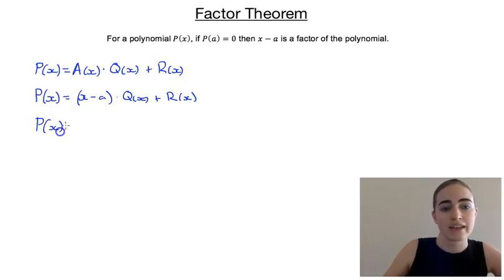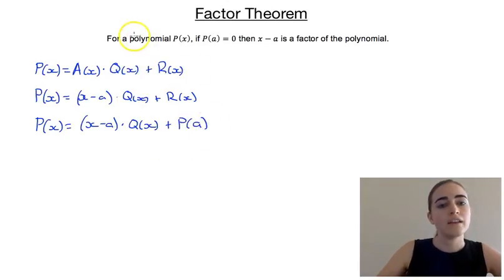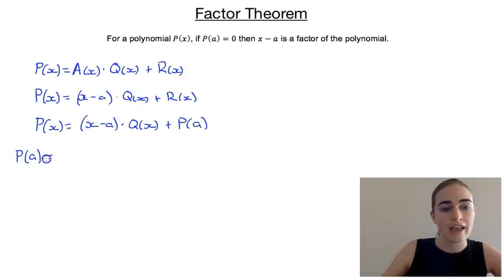So we'll write p of x equals x minus a times q of x plus p of a. But in our definition up here, we're saying for a polynomial p of x, if p of a equals 0, then we're trying to prove that x minus a is a factor. So we're going to let p of a equal 0.